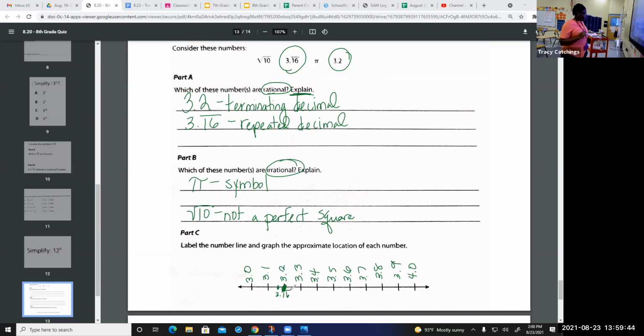And then pi, we understand pi to be approximately 3.14. So it will be in this part as well. And then we got the square root of 10. Square root of 10 we know would be greater than 3. Or you could have gone ahead and placed that in the calculator and saw what you got, which is about 3.16. So it will be in that same space. So then all 3 are close together, or really it will depend on how you drew your number line.